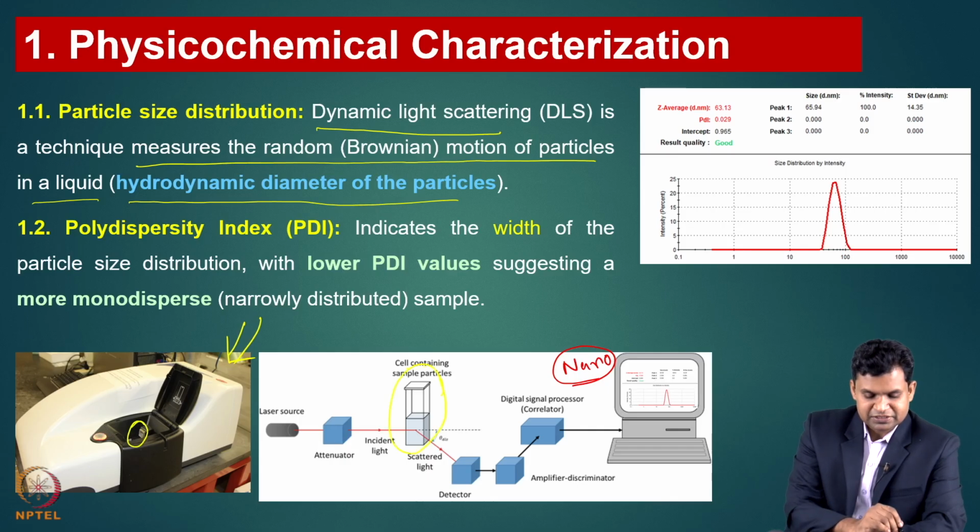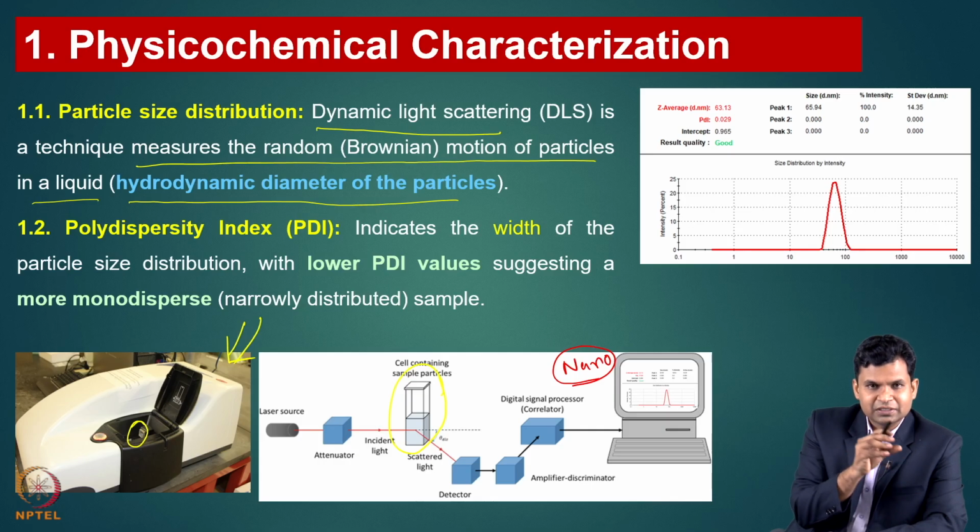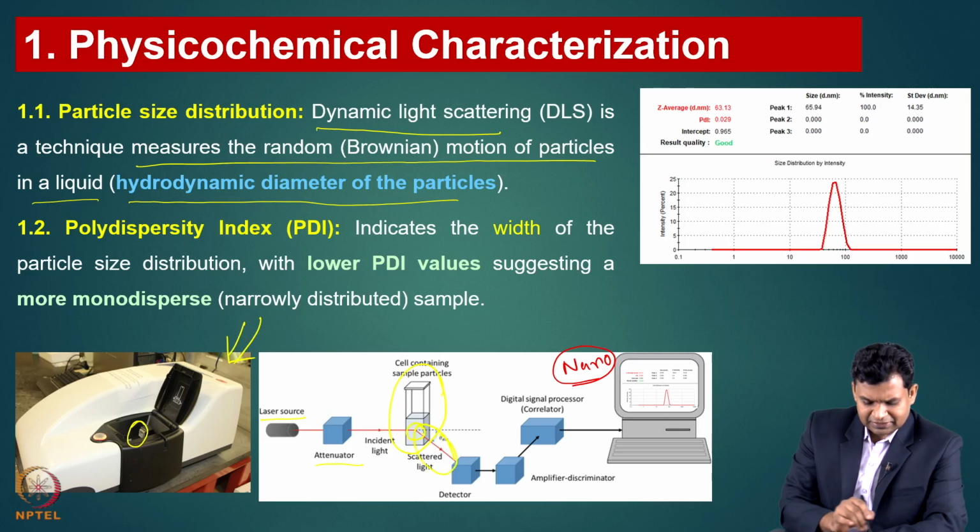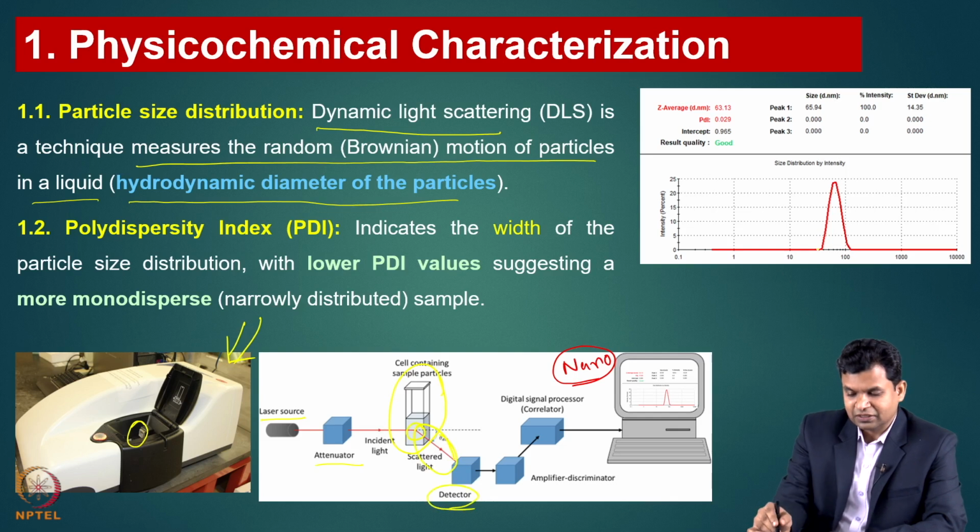Now here you can see, right. Once you keep the sample in it, the laser source comes on and passes through the attenuator, and then the light passes through your sample. It measures the scattered light through the detector, which gives the results in nanometers.